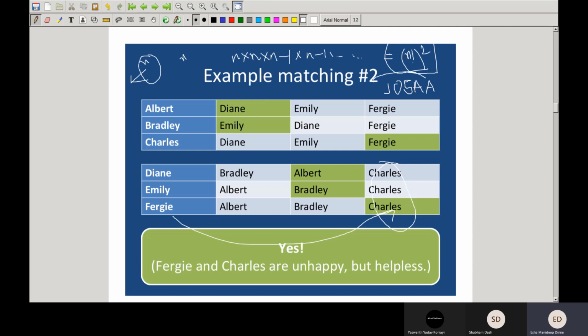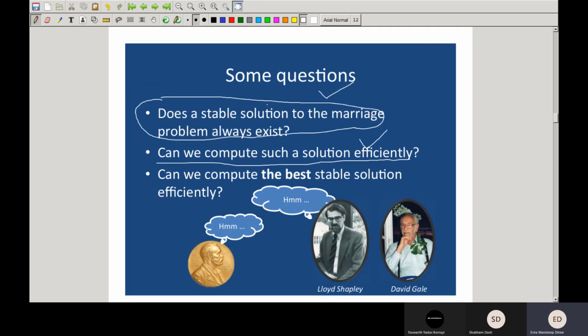That can be thought of as a slightly more complicated stable matching problem. So we can't stick with n factorial whole squared, and there is a need to look for a better and more efficient solution. And the last question is, can we compute the best stable solution efficiently?